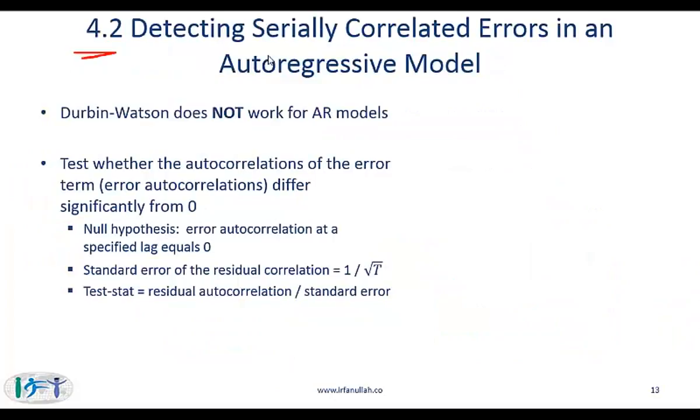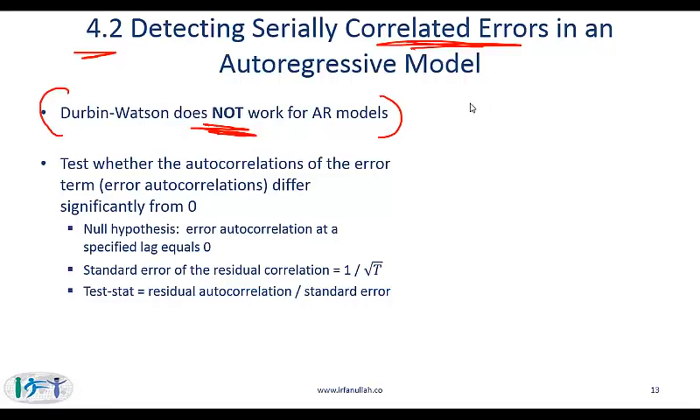All right, section 4.2, detecting serially correlated errors in an autoregressive model. So this is a common theme. How do you detect this? Very testable and something that you need to just memorize. The Durbin-Watson statistic does not work for AR models. The way you can think about it is the Durbin-Watson statistic only works when the dependent variable and independent variables are different.